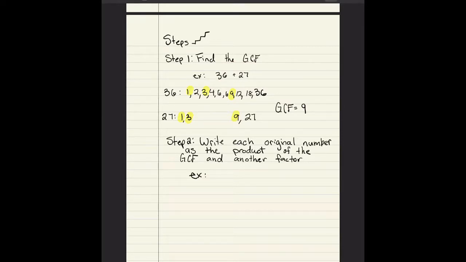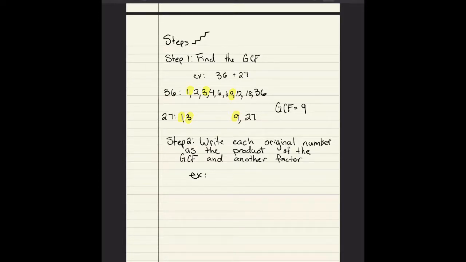We've already kind of done that because 36 is the product of each one of these factors. 36 is the product of 1 times 36, or 2 times 18. 36 is the product of 3 times 12. So you're just doing it again with the GCF.